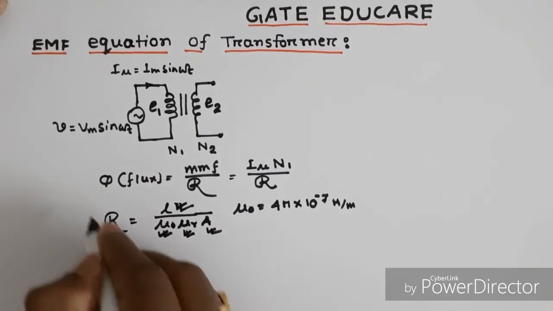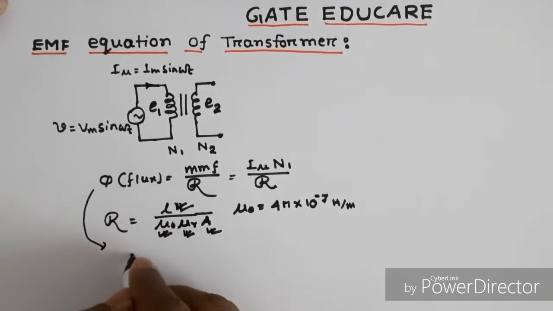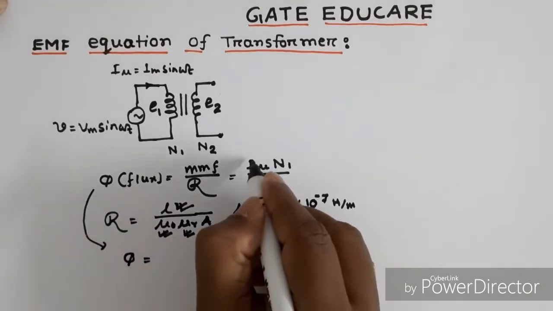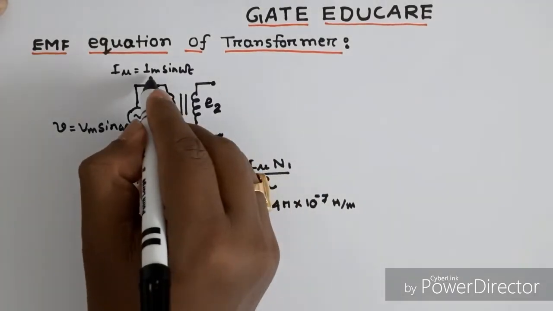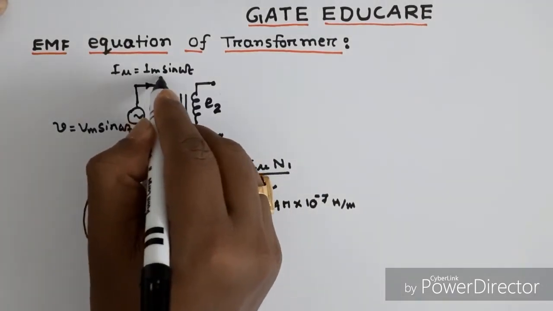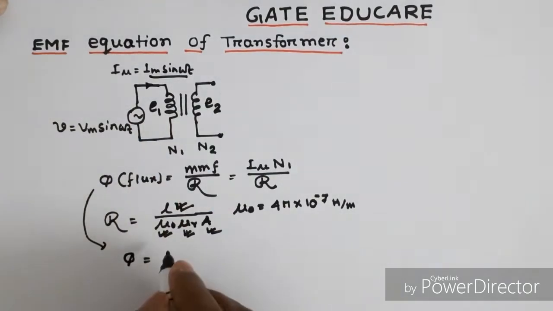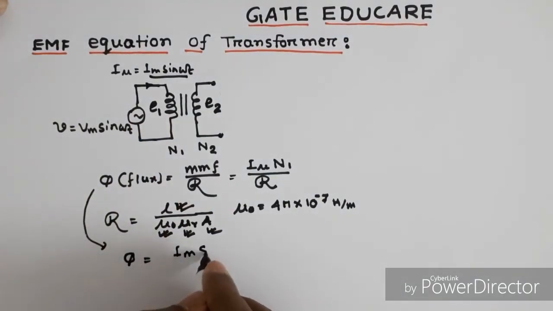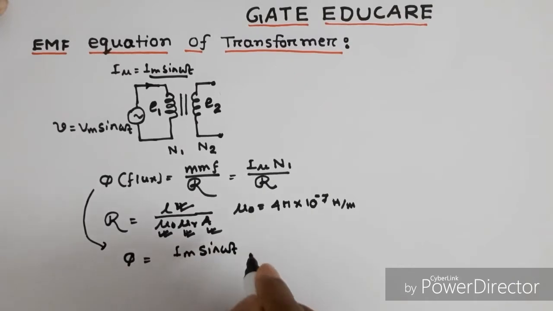Now phi, from here I can write down phi equal to, since I mu magnetizing current is alternating in nature, Im sin omega t into N1 by reluctance.